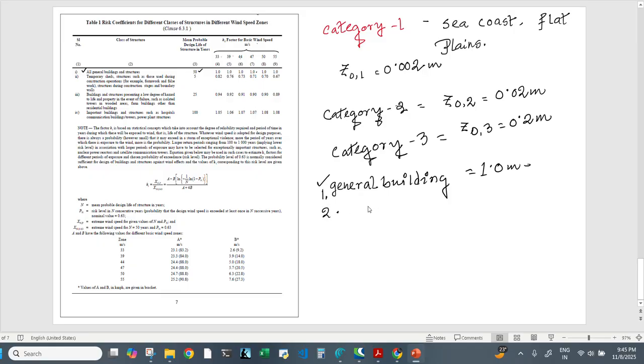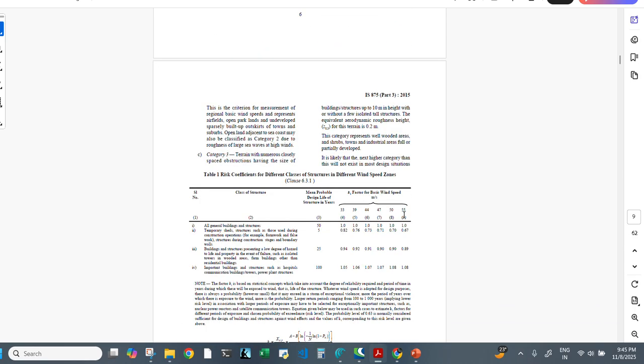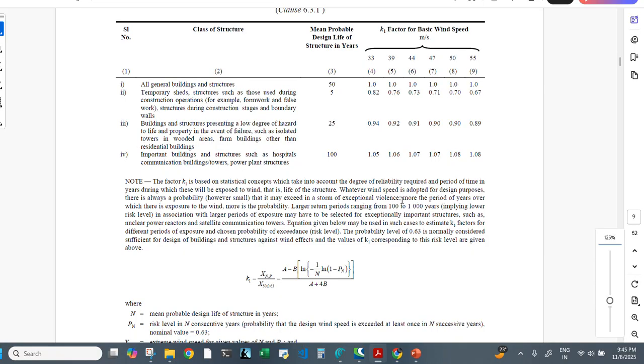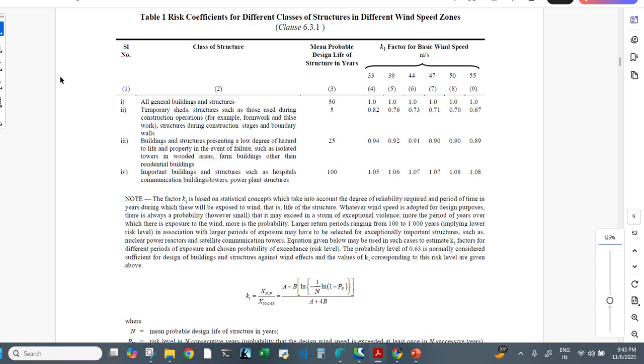Temporary sheds or structures: for 33 it is 0.82, for 39 it is 0.76, 44 is 0.73, 47 is 0.71, 50 is 0.70, and 55 is 0.67.